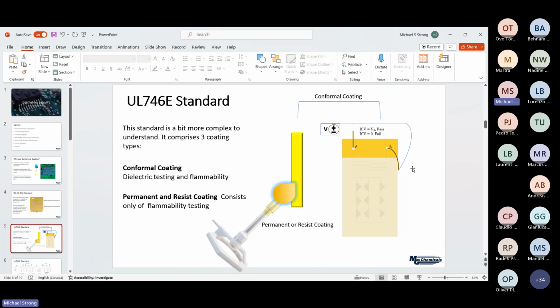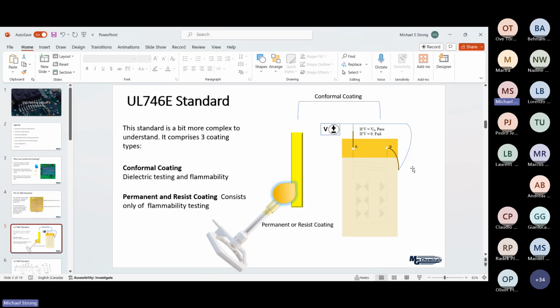Well, a permanent or a resist coating, to qualify, you have to qualify to the UL 94 standard, which is a standard that gauges the flammability of your coating. So if you pass that test and apply simply for a permanent or resist coating qualification, you will obtain that.